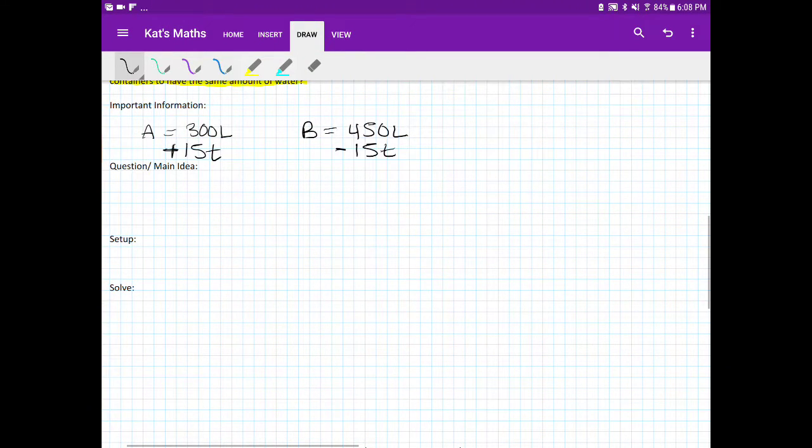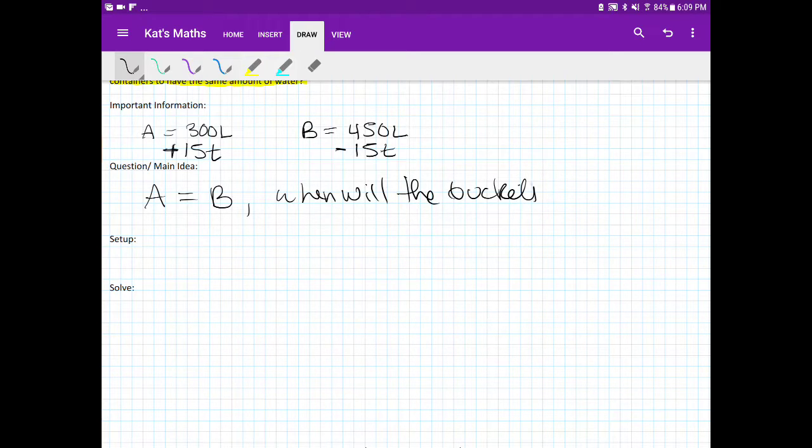So if A is the amount of water in bucket A and B is the amount of water in bucket B, then we're looking for when A equals B, or when will the buckets be equal.